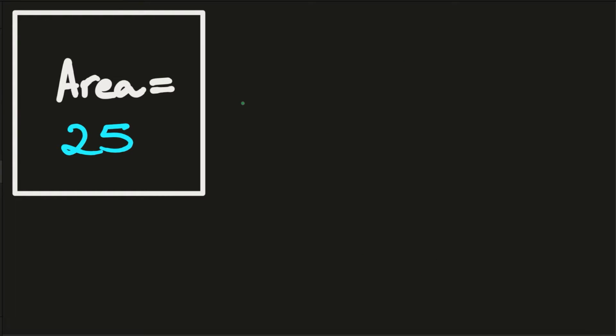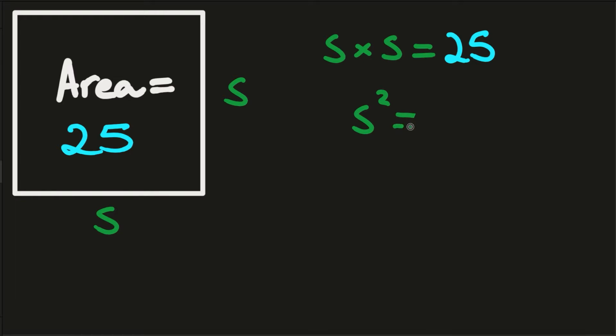Now let's say we have a square with an area of 25. We can call the side length of this square s. In other words, we want a number that when multiplied by itself gives us 25. We can rewrite this as s squared equals 25. Remember that we can take the square root of each side here.